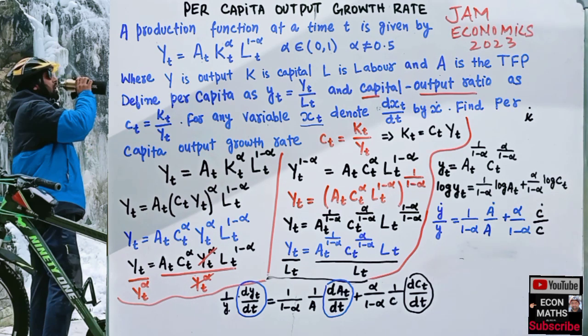That means I have written C in place of the capital-output ratio.